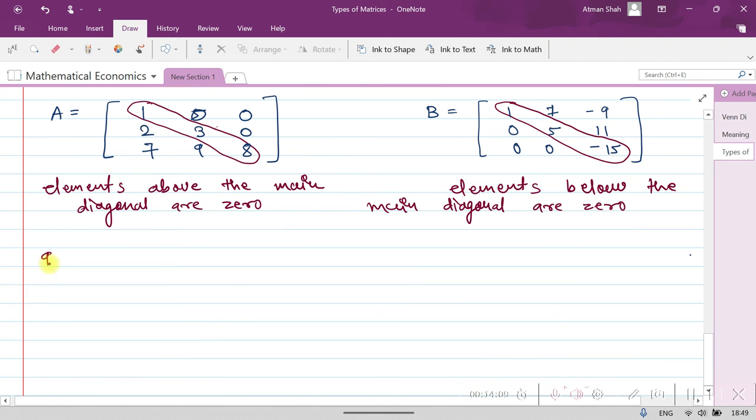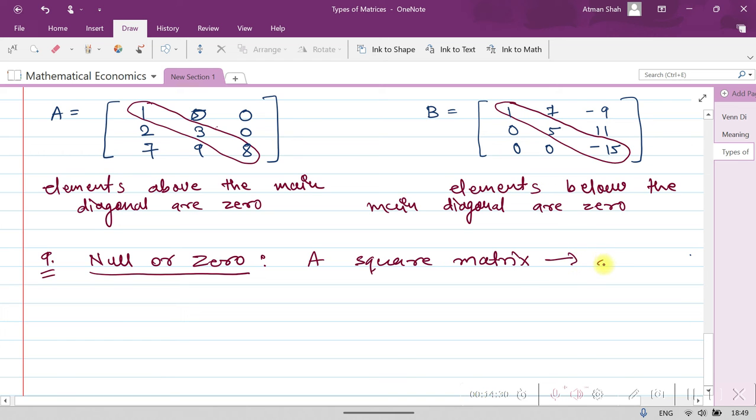Then we have a matrix called null or zero matrix. So what is null or zero matrix? A square matrix in which all elements are 0.